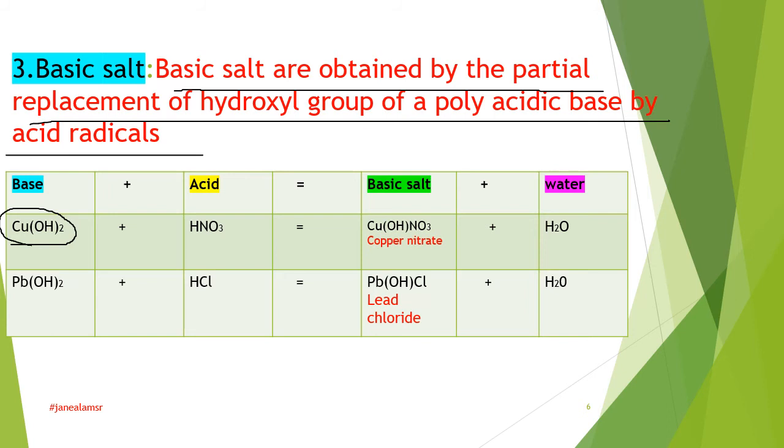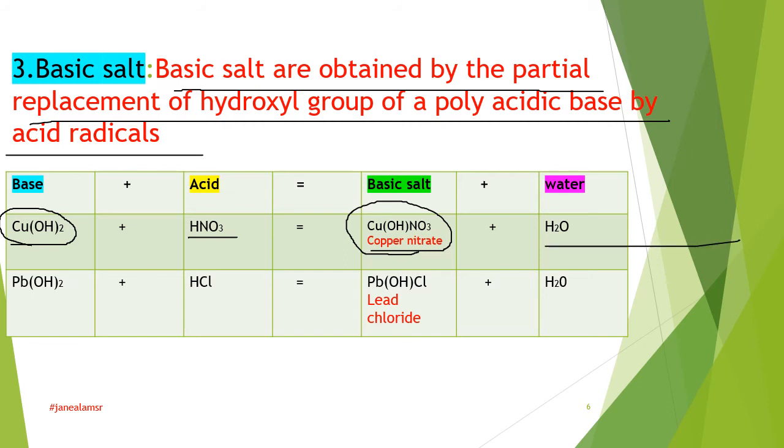One hydroxyl group is replaced by NO3 from the acid and forms copper nitrate salt, Cu(OH)NO3. Out of two hydroxyl groups, one is replaced by NO3, that means acidic radical, and forms basic salt and water.